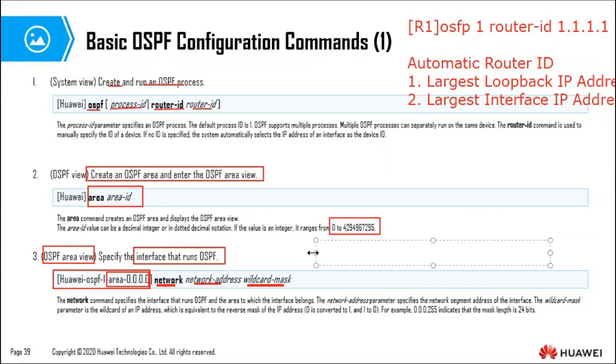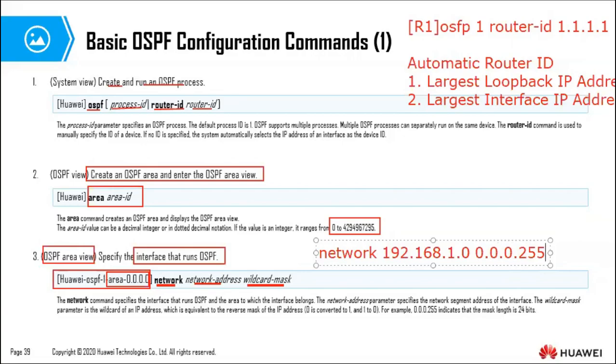So for example, we might type the command network 192.168.0.0. Sorry, or 192.168.1.0, like that. So if we have this and it's /24, the wildcard mask is going to be 0.0.0.255.